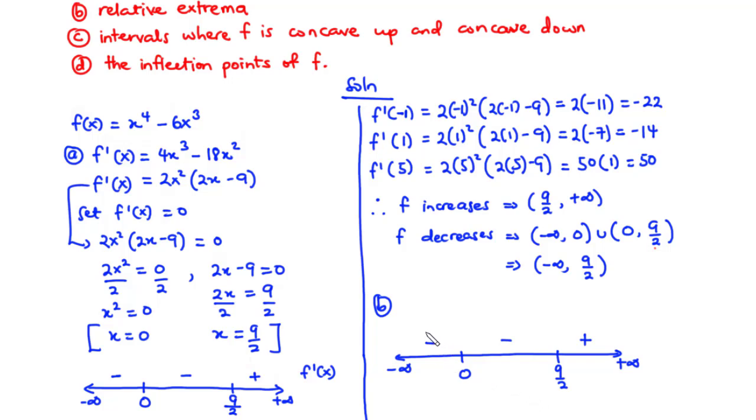Now, since the sign of f prime of x on both sides of 0 remains the same, it means that 0 is not a relative minimum, neither is it a relative maximum, because the sign of f prime of x on both sides of 0 remains the same.